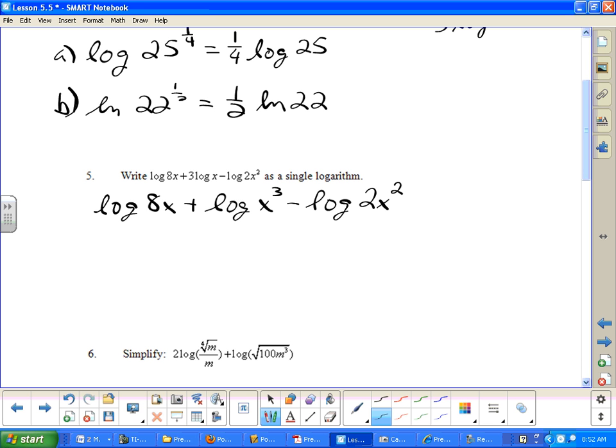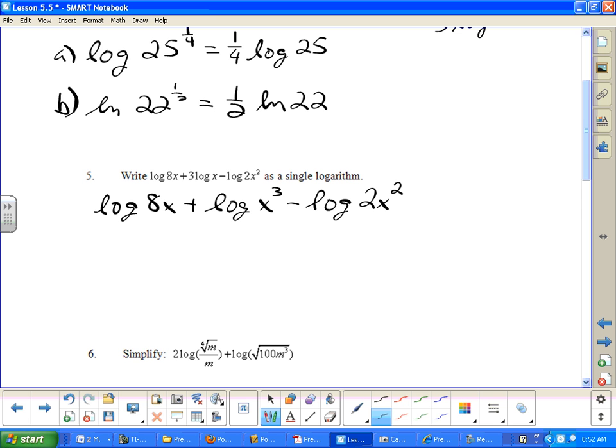Anytime there's an adding, that's multiply, which means it goes in the numerator. Anytime we're subtracting, that means dividing, and it goes in the denominator. So one way that helps is to always make sure all of your adding comes before your subtracting. I know it's different than order of operations, but it should make a difference.